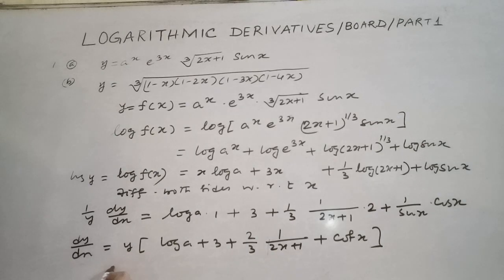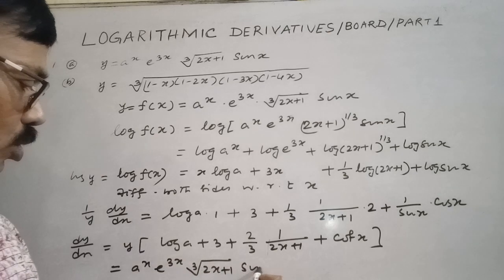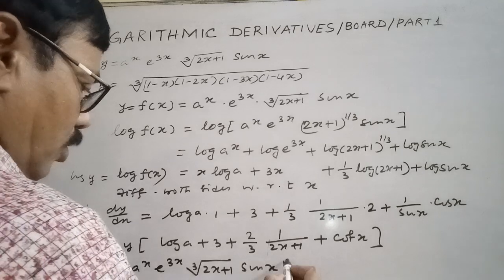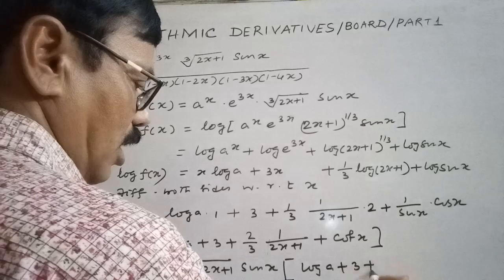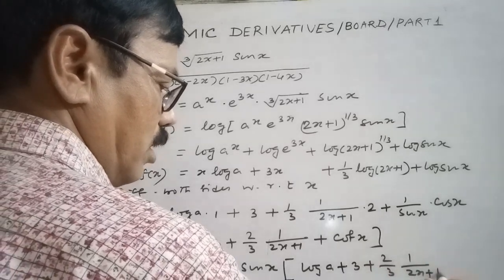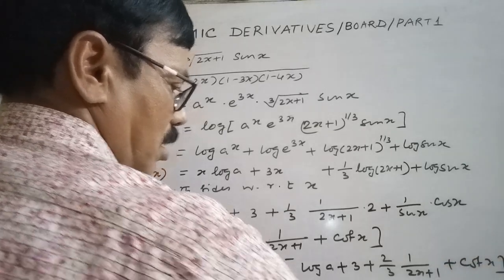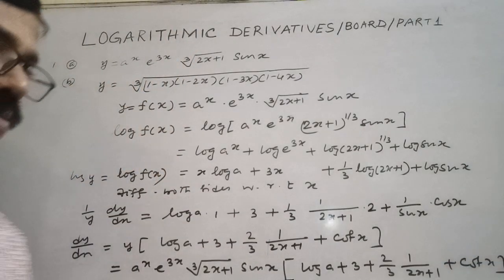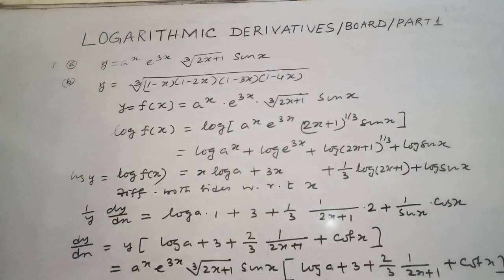So what is y? a to the power x, e to the power 3x, cube root of 2x plus 1, into sin x. Then this one is unchanged: log a plus 3 plus 2 by 3, 1 by (2x plus 1), plus cot x. So this is our final result.